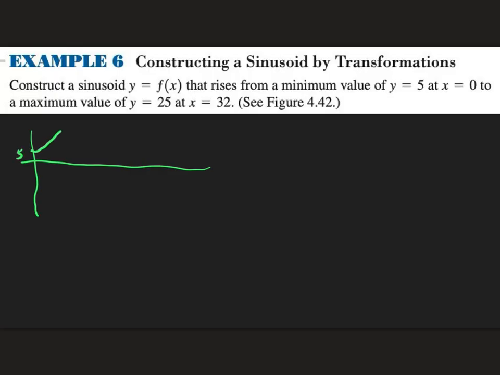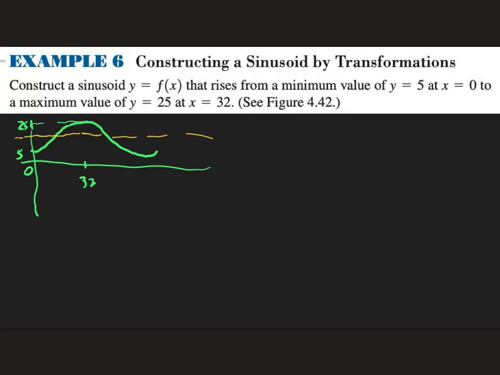It goes up and comes back down, and it has a maximum value when x equals 32. Our point here is 25. So now to find the amplitude, we need to worry about the midline. That yellow line is the midline.